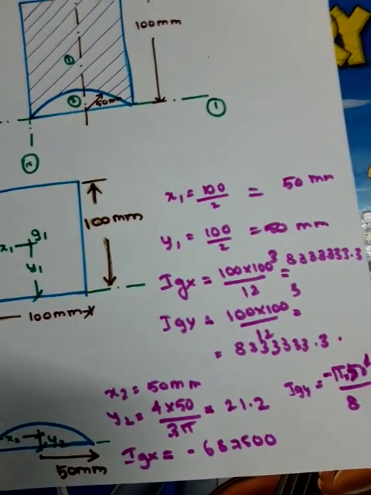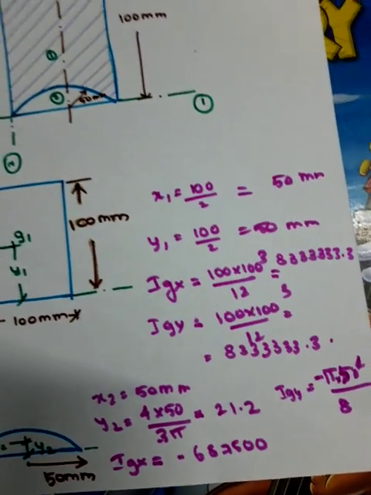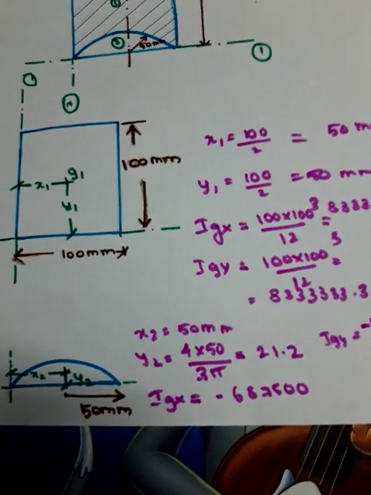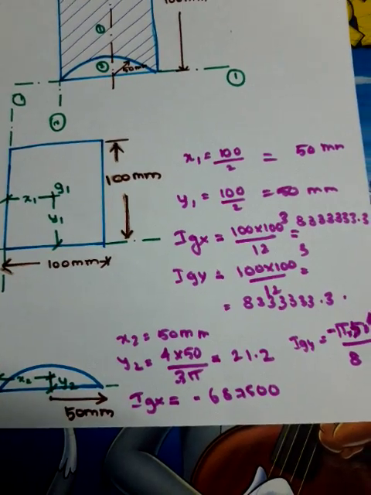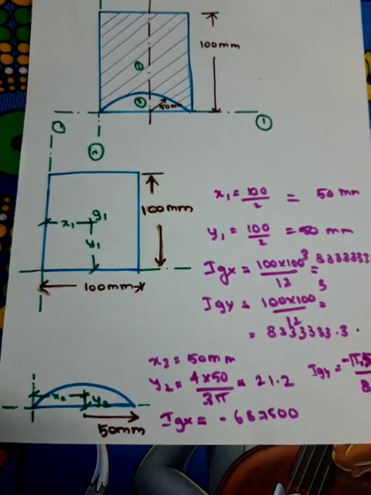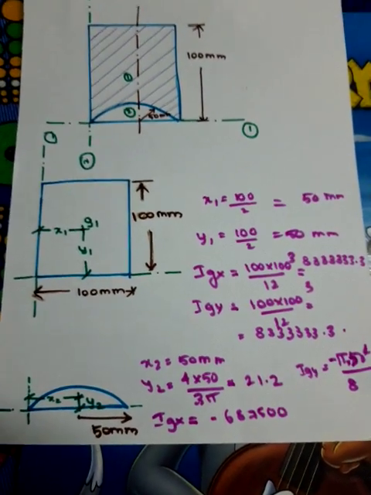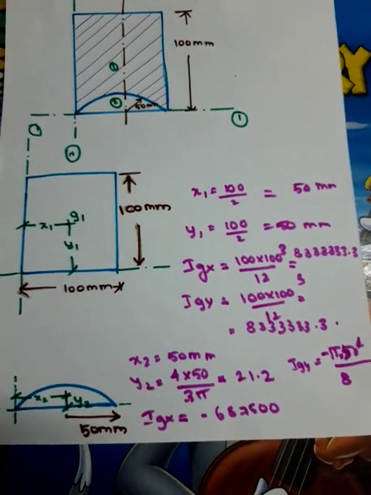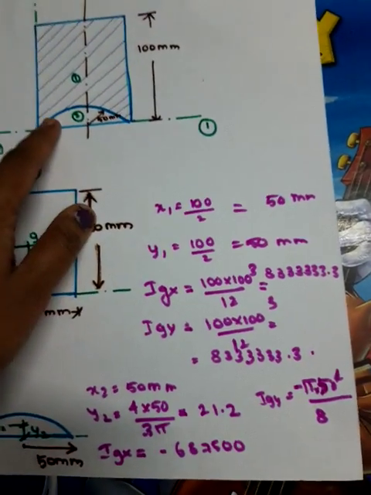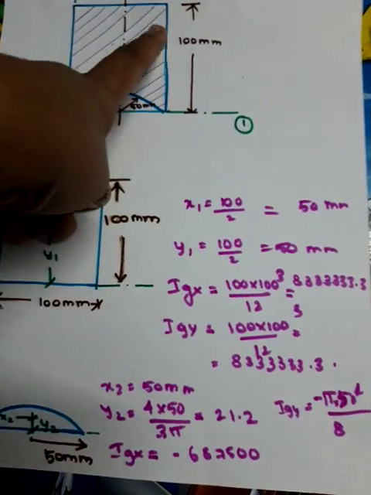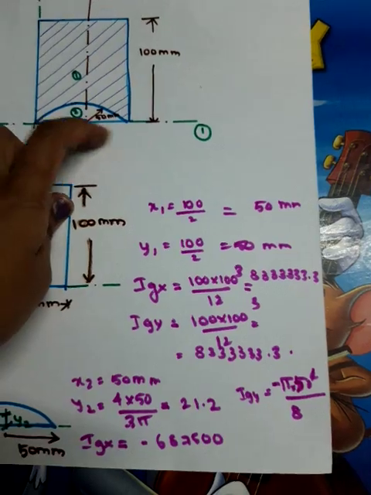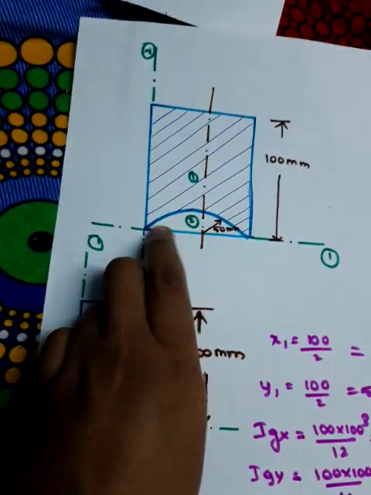It is very important that the area you are going to neglect should be taken as negative. This rectangle I am going to consider, and this particular semicircle I am going to neglect.